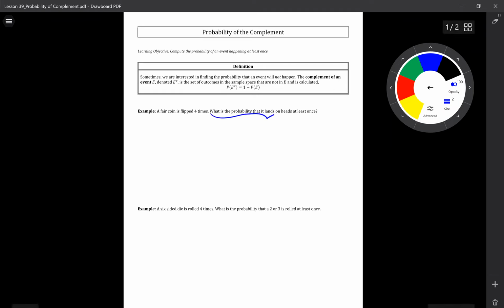So basically, I'm going to find the probability of never landing on heads, and then find the complement of that probability. Never landing on heads means that I only land on tails.